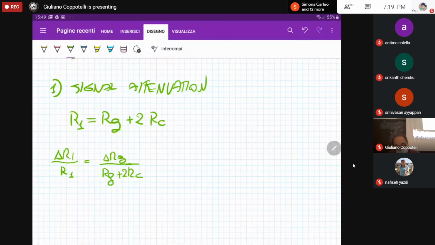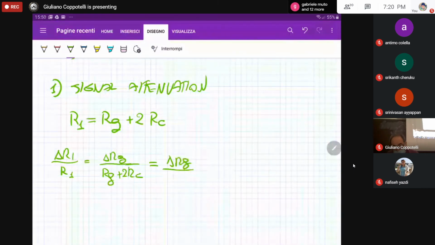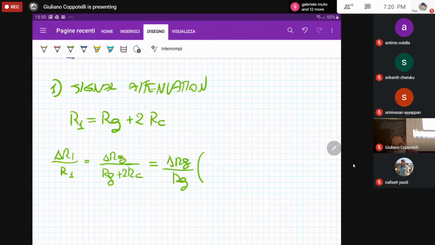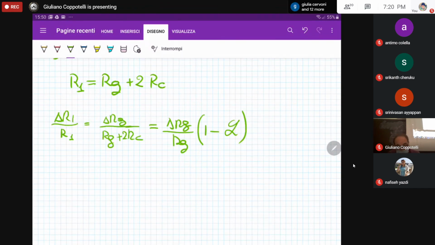Of course, we are assuming that the cables and their resistance are not sensing any change of resistance because of the strain. And we can rewrite that as delta Rg over Rg times 1 minus L, in which L, calligraphic L, is the attenuation factor.